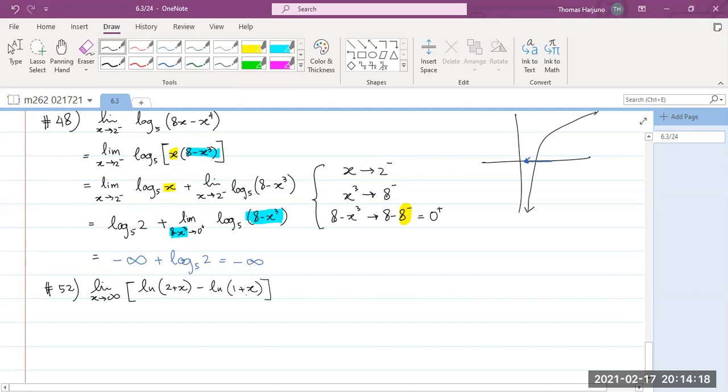Number 52, we have this: the limit as x approaches infinity. Now, don't plug in infinity, because you will get natural log of infinity minus natural log of infinity. It can be anything. No, that's not the right way to do it. The better way is the limit as x goes to infinity, where the expression inside the bracket can be condensed into a single log.